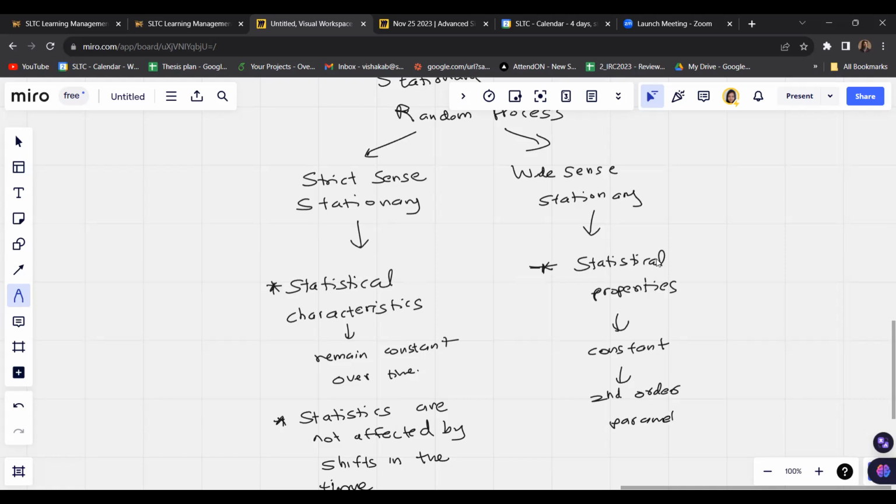So up to the second order parameters, these statistical properties will remain constant. That is the main difference between the strict sense stationary and the wide sense stationary.